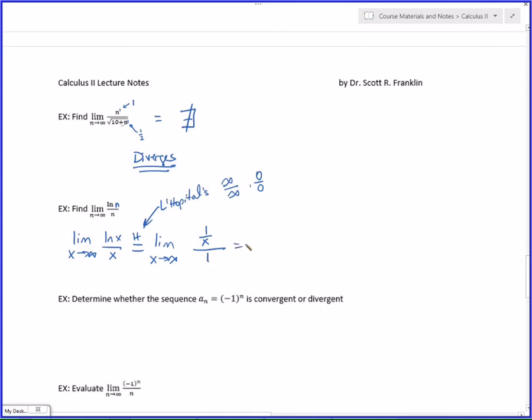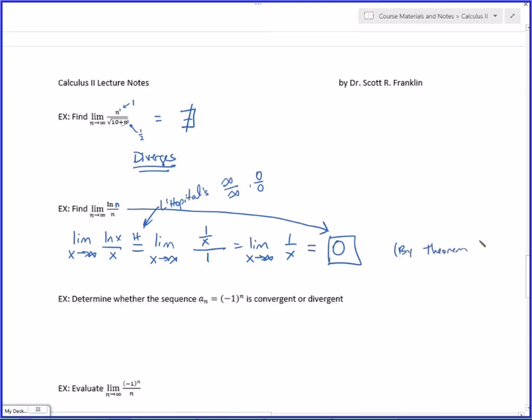1 over x. What's the derivative of x? 1. So this is the limit as x goes to infinity of the derivative of the top over the derivative of the bottom. So it's just 1 over x, which goes to 0. That's your answer. This is also 0, by the theorem above.